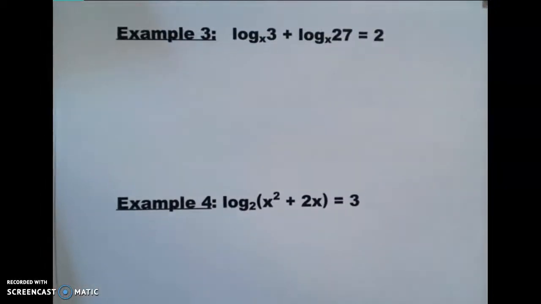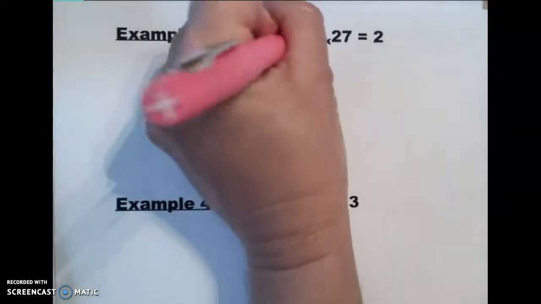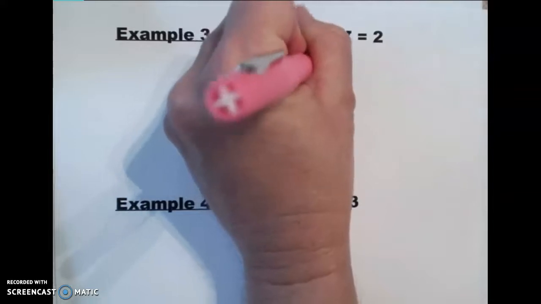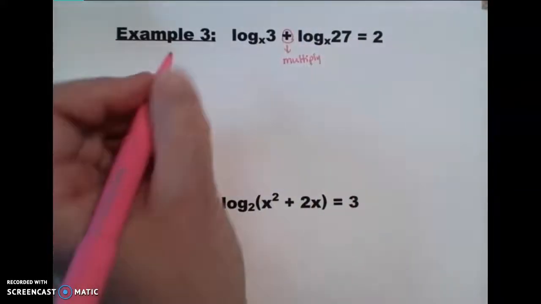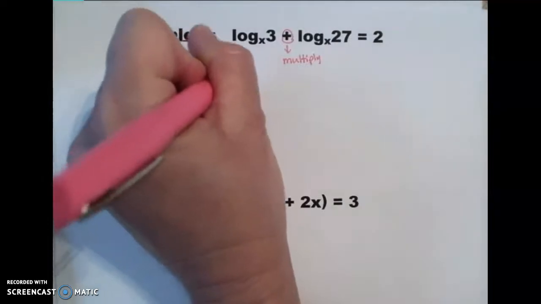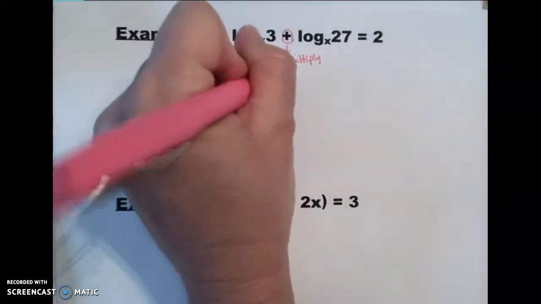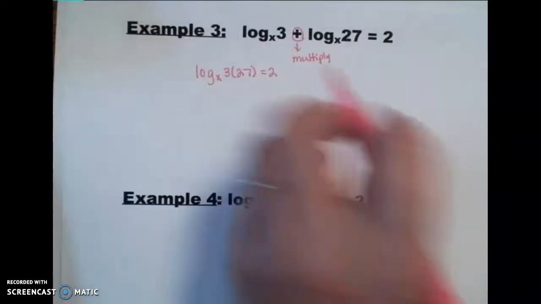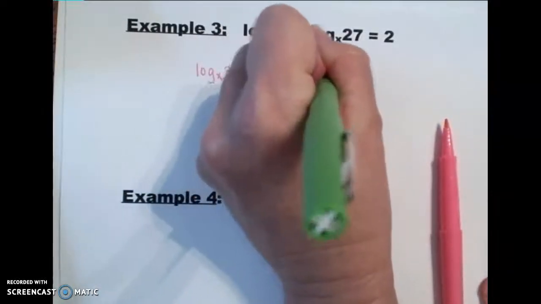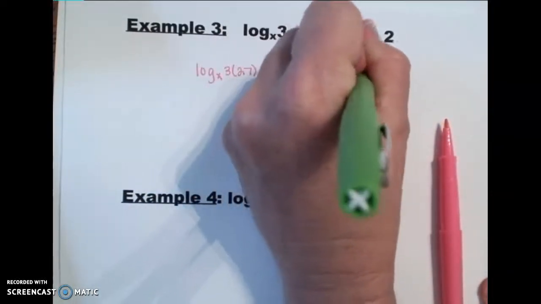For example 3, again, we need to condense those logs by using your properties. This time we have addition, which means we're going to multiply. So I'm going to have log base x of 3 times 27 equals 2. So now you have your single log. Just going to make a note, put in exponential form.